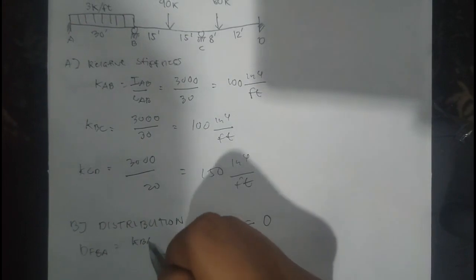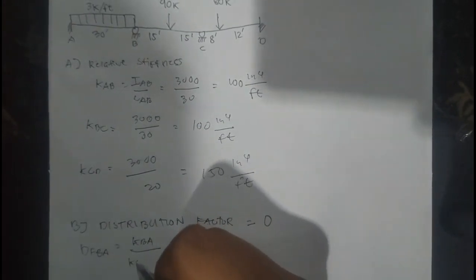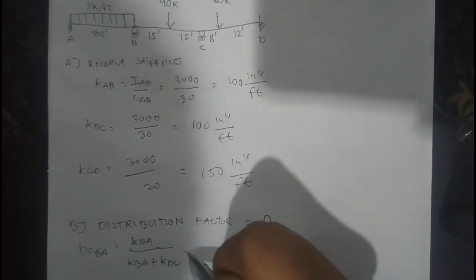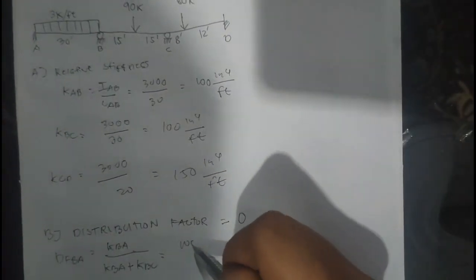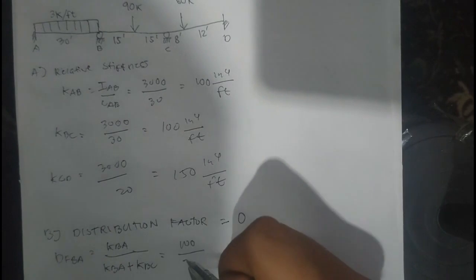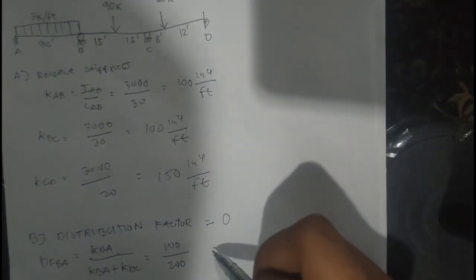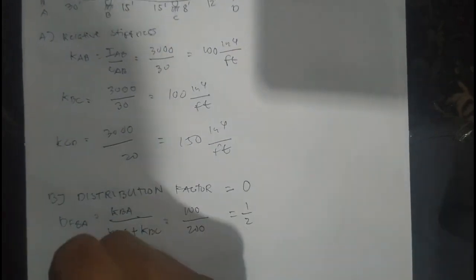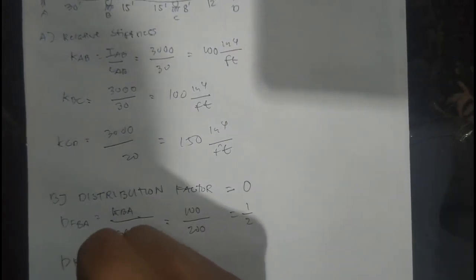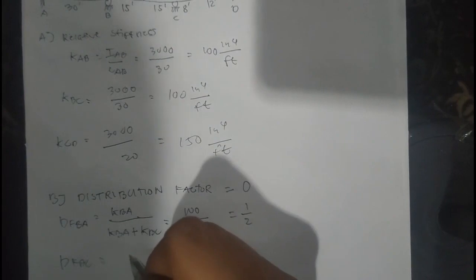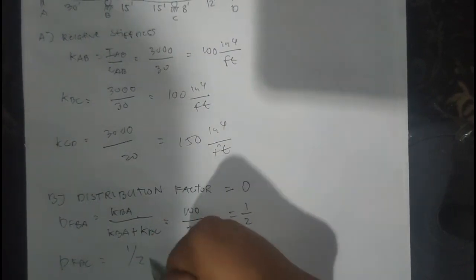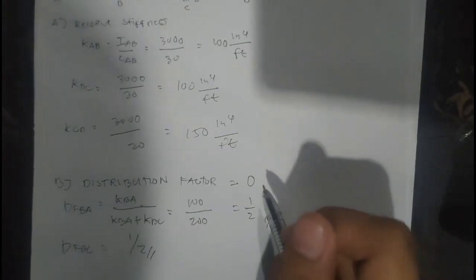K_BA over K_BA plus K_BC equals 100 over 200 equals 1 over 2 at joint B. Next, DF_BC is the same, so 1 over 2 again.